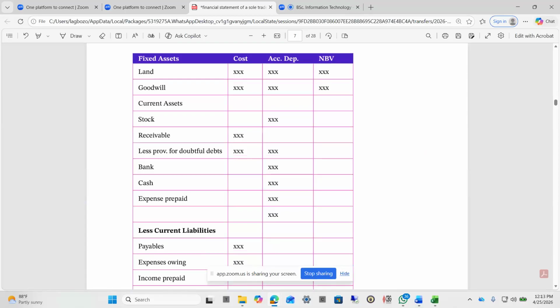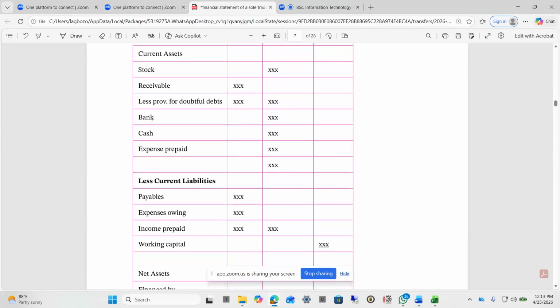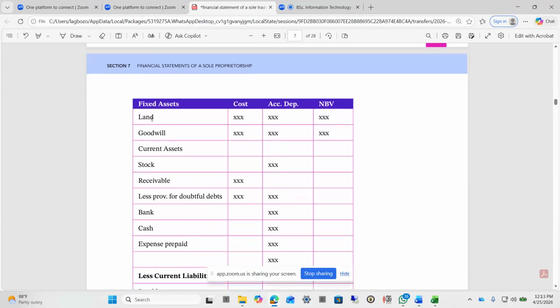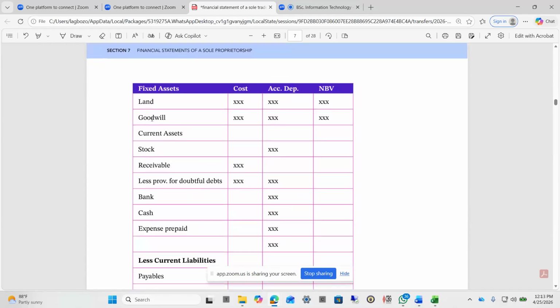They are those assets that you can easily turn into money, cash. They are called current assets. And we made an example of stock, your debtor figure, the receivables, your bank, your cash, any prepayment, and all those things.